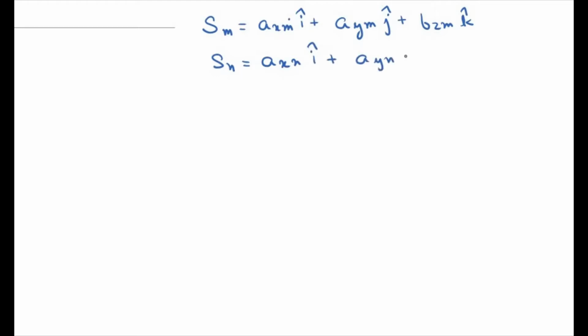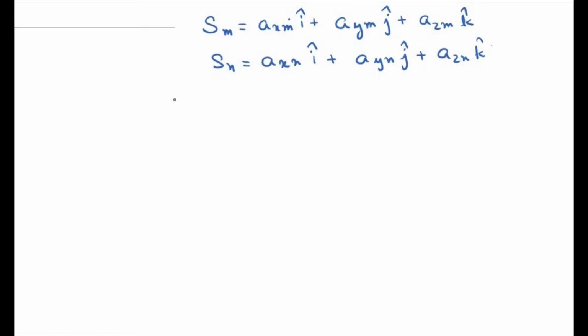Sm, let us say, is equal to a_xm i cap plus a_ym j cap plus a_zm k cap, and we have another vector, Sn, which is a_xn i cap plus a_yn j cap plus a_zn k cap.